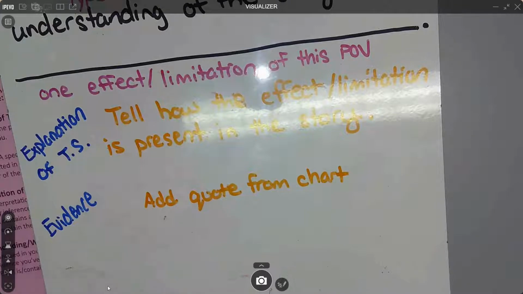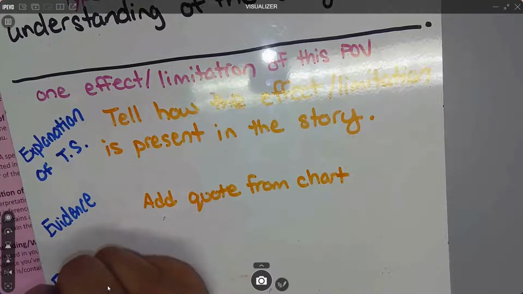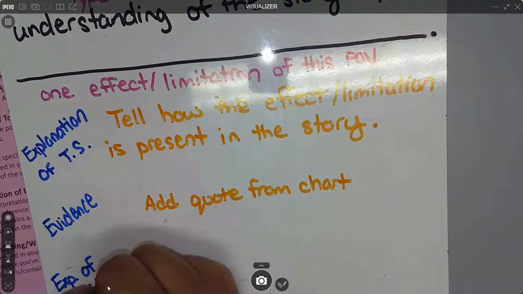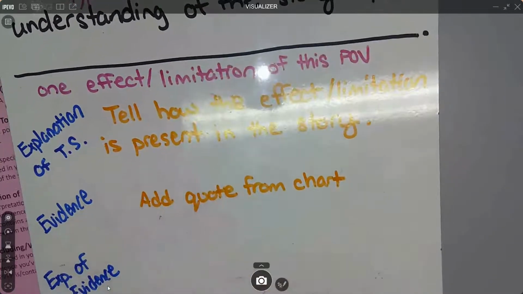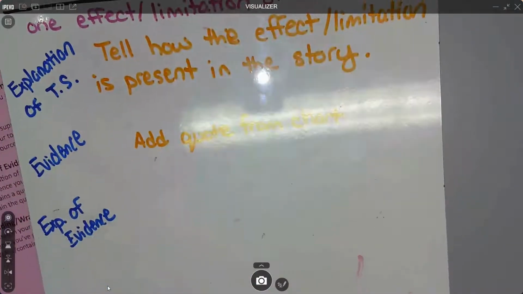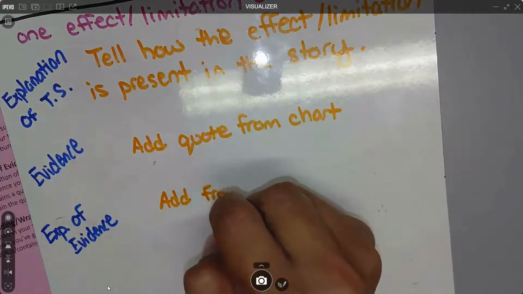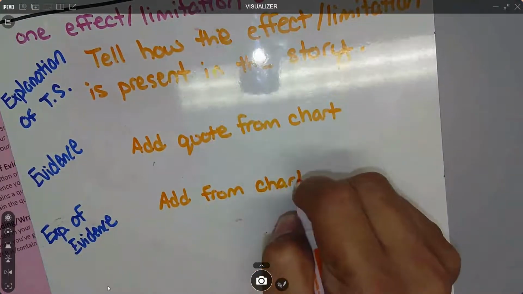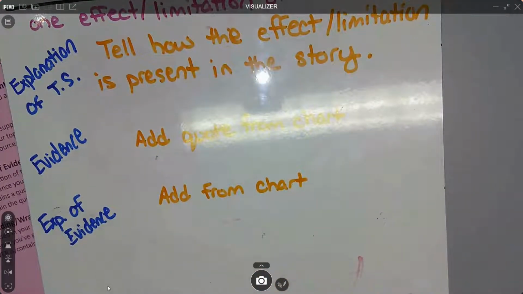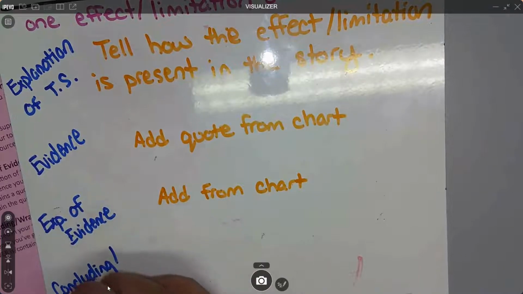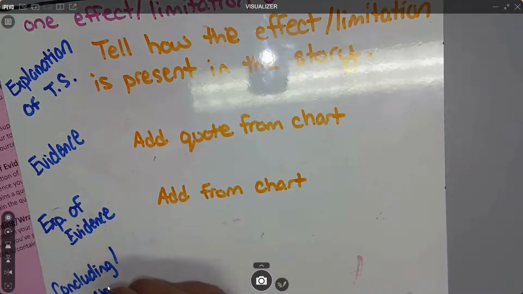And then you will have your explanation of evidence, which you're adding from the chart. And then you will have your concluding wrap-up sentence.